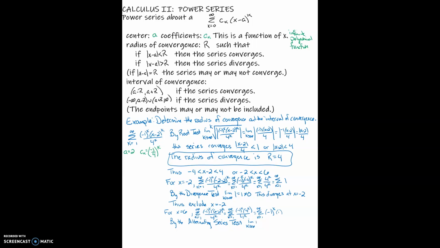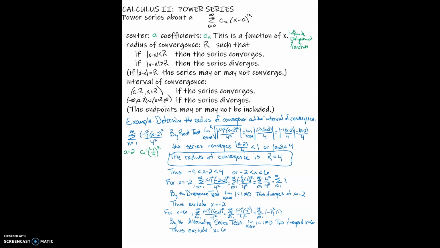So I'm just going to take the limit as k goes to infinity of 1, which we know is equal to 1, which is not equal to 0. And so by the alternating series test, this also diverges. Which means we will also exclude that x value of 6.